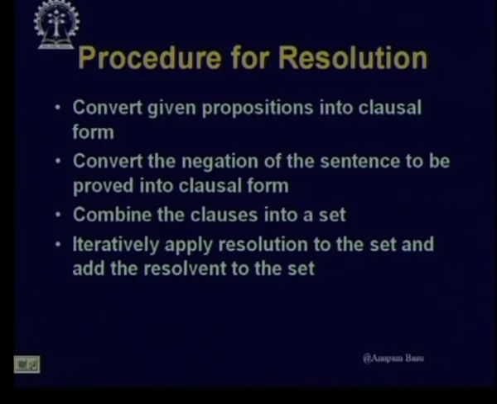Then I take that new clause and take another one and try to resolve it further until all the clauses are exhausted or I come across a contradiction, that is a null clause. As soon as I get a null clause, then I immediately prove that the negation of the goal is contradicted, therefore, the goal is true. So, I iteratively apply resolution to the set and add the resolvent of every iteration to the set.